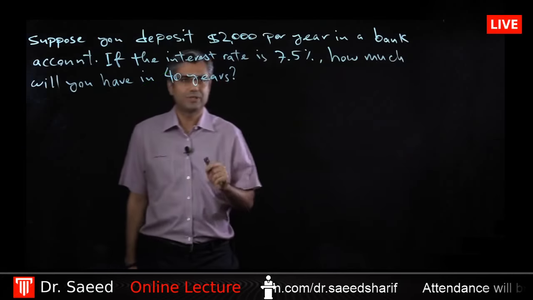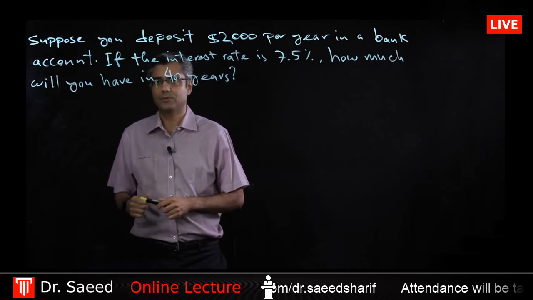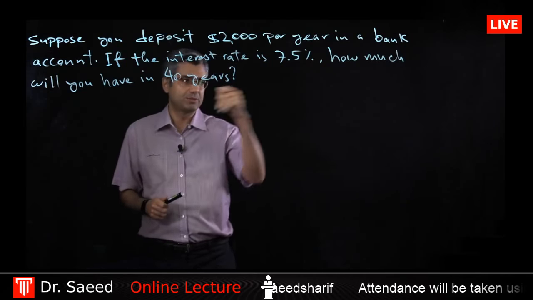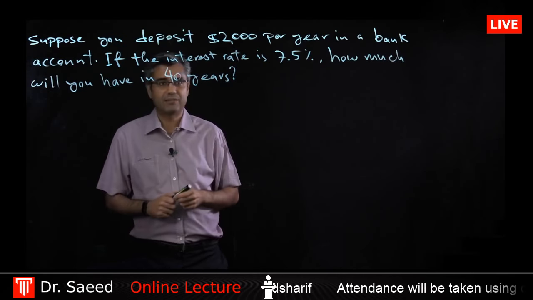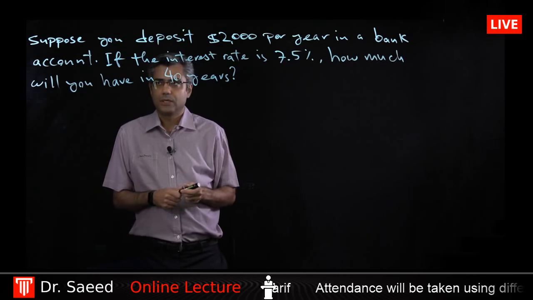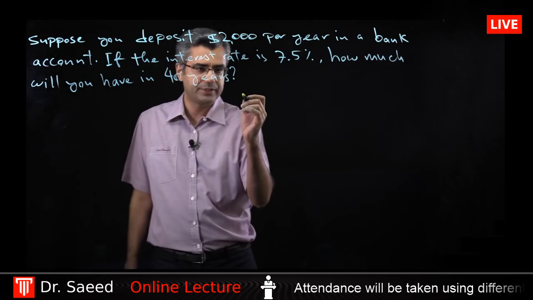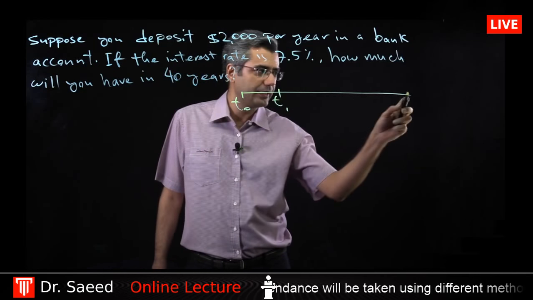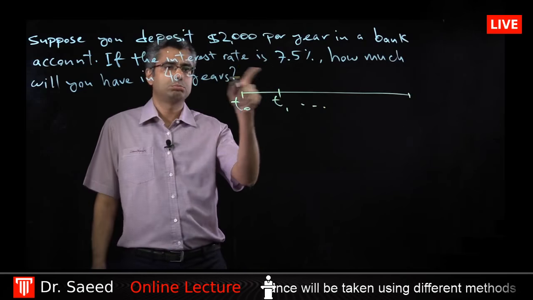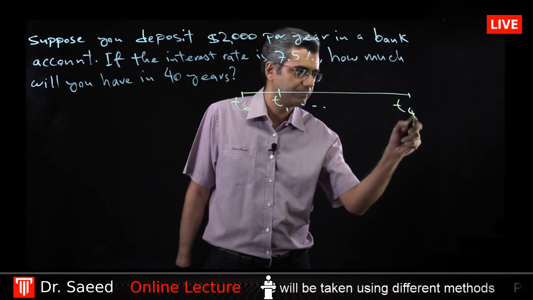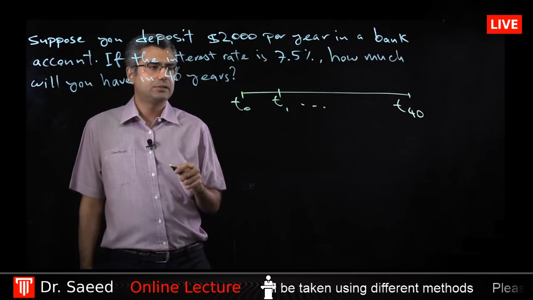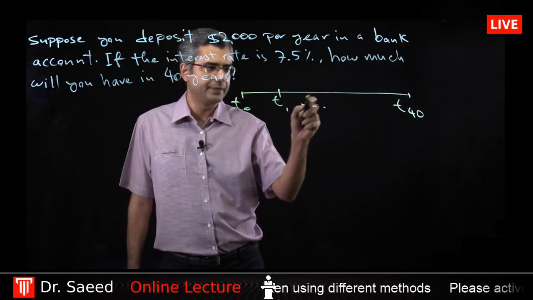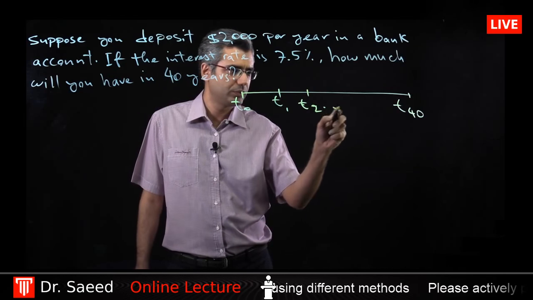Suppose you deposit $2,000 per year in a bank account. If the interest rate is 7.5% per year, how much will you have in 40 years? Let me draw the timeline first. So this is today, next year, and it goes to 40 years, T40. $2,000 per year.